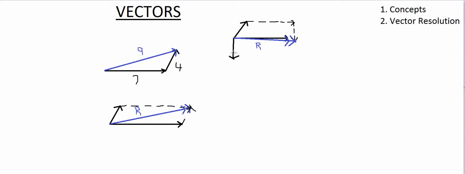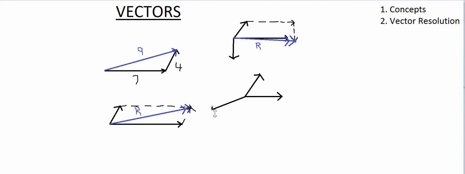But what about a special case? What if you have, let's say, three vectors, like this: one, two, and three.